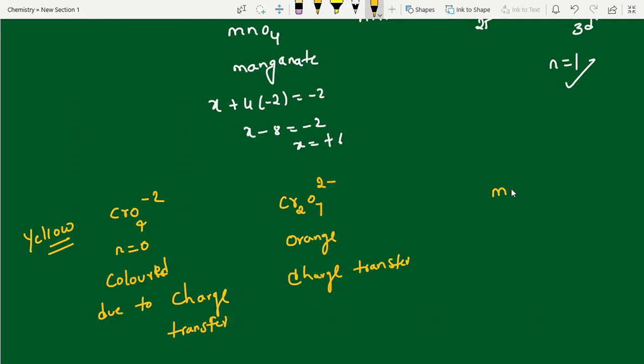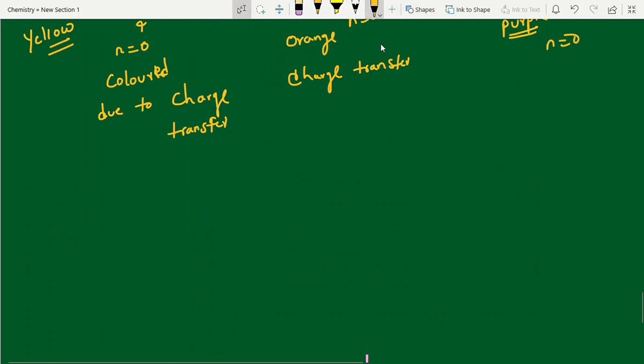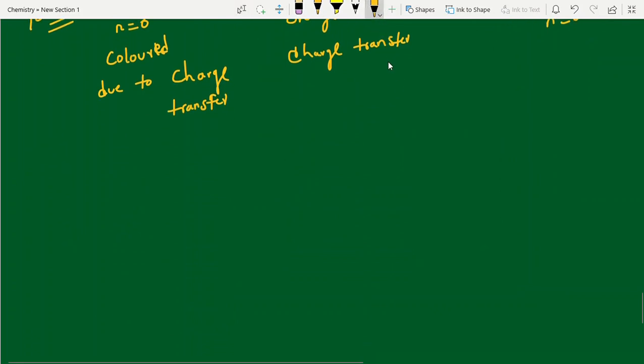Next, MnO4 minus. Yes, this is one of the good examples. Even in practicals we are doing, it is purple color. Why, here n equal to 0, how can it show color? Look into this. In previous classes I had given one question. I'll explain, and the same logic you can apply for the remaining ones, students.